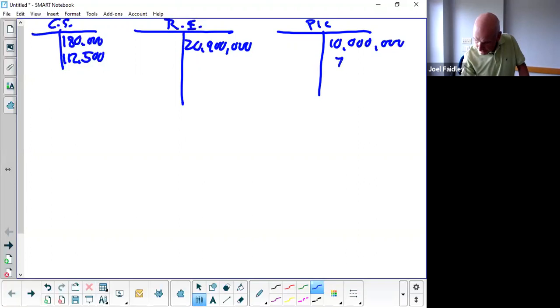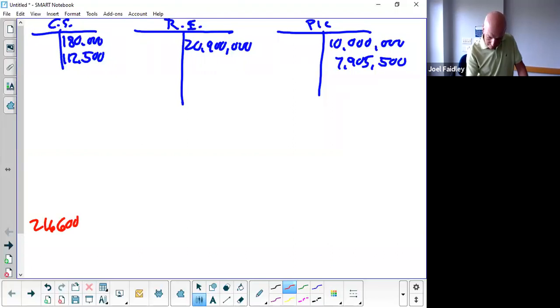And we just made that journal entry, right? And we posted here to our ledger 7,905,500. And our shares of common stock, down here at the bottom in red, you start with 216,600, and we just issued 150,000, didn't we?